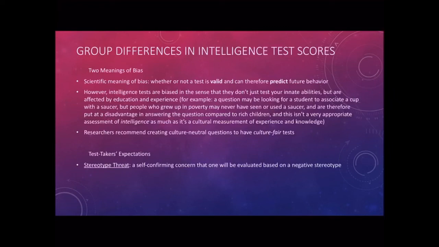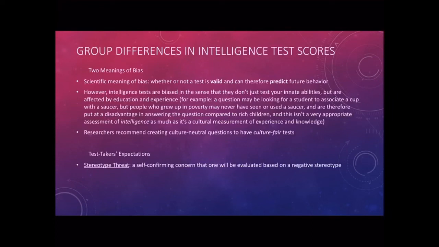And so they're nervous about this. They really want to get their license. It's important, right? And they're worried that they're going to be evaluated negatively because of their race, because of a negative stereotype. And so all of this anxiety builds up, and then when they go to do the driving test, the anxiety inhibits their performance, and they do worse, and they get a worse score than they otherwise would have.